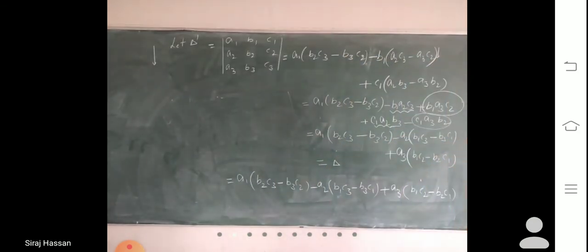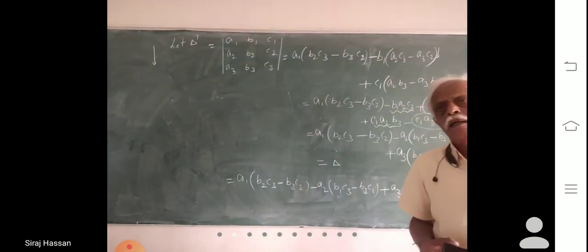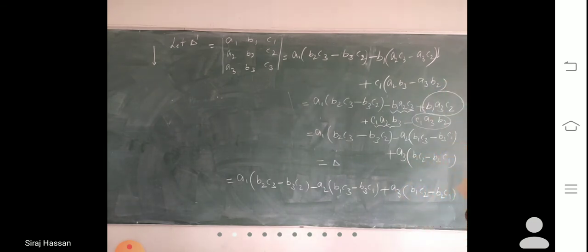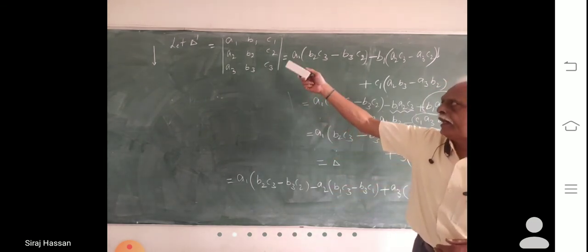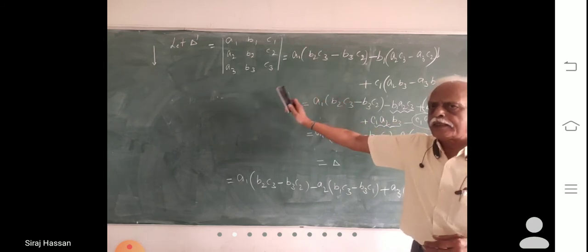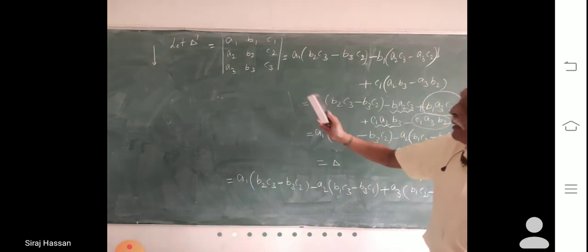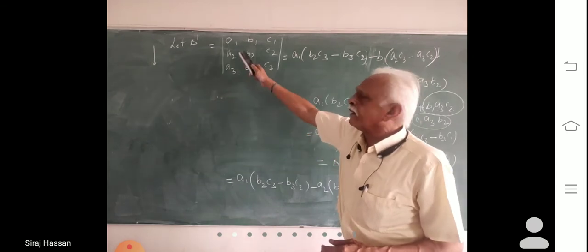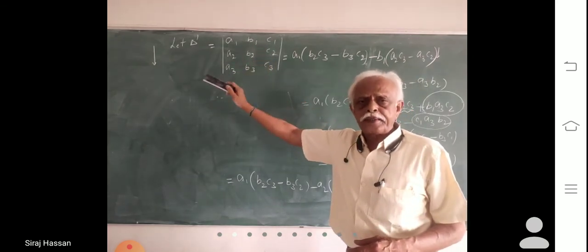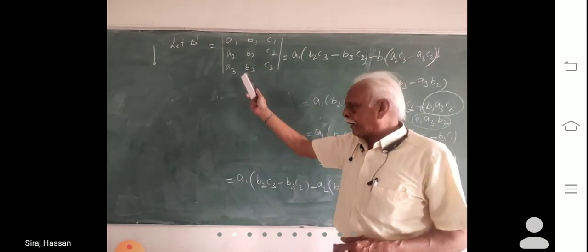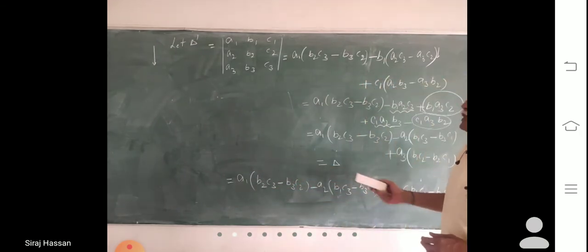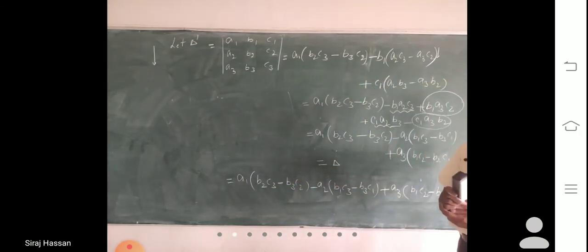Determinant of A is equal to determinant of A transpose. We have taken delta as A1, A2, A3, B1, B2, B3, C1, C2, C3. Delta dash is taken as the transpose matrix. Then expanding, we are getting the same value. Okay.